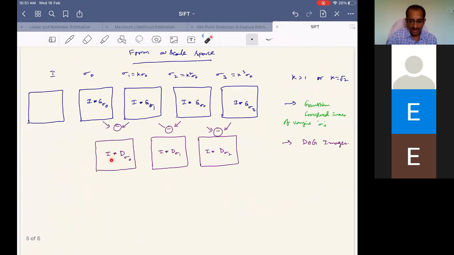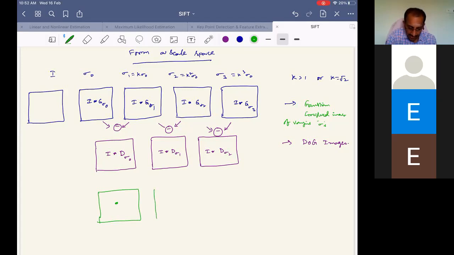We can perform scale normalization by dividing by the corresponding sigma square, to bring in the Laplacian of Gaussian itself. After performing that, say there is a key point here. Key point means a value higher than a threshold. That itself is a feature point.